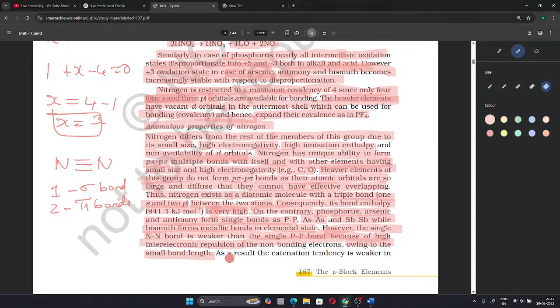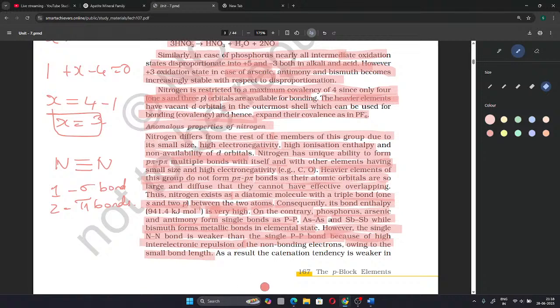As a result, an N triple bond N is stronger than any other bonds, but the N-N single bond is much weaker than the other compounds' bonds.